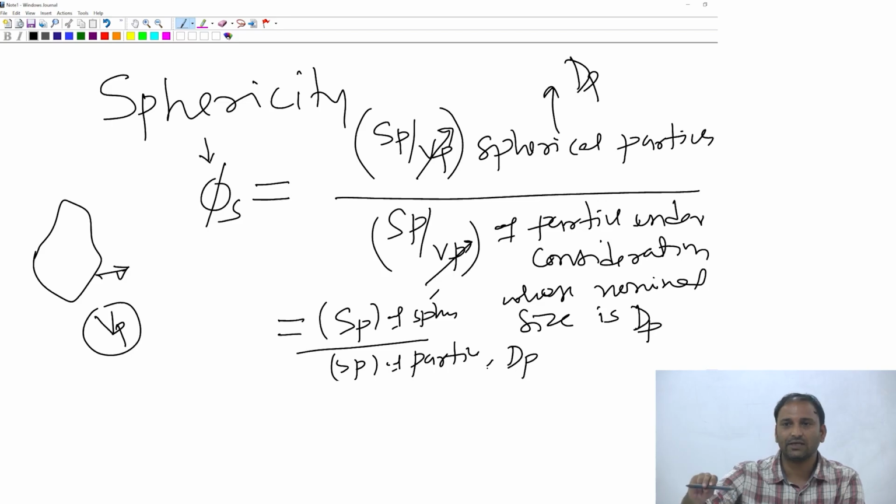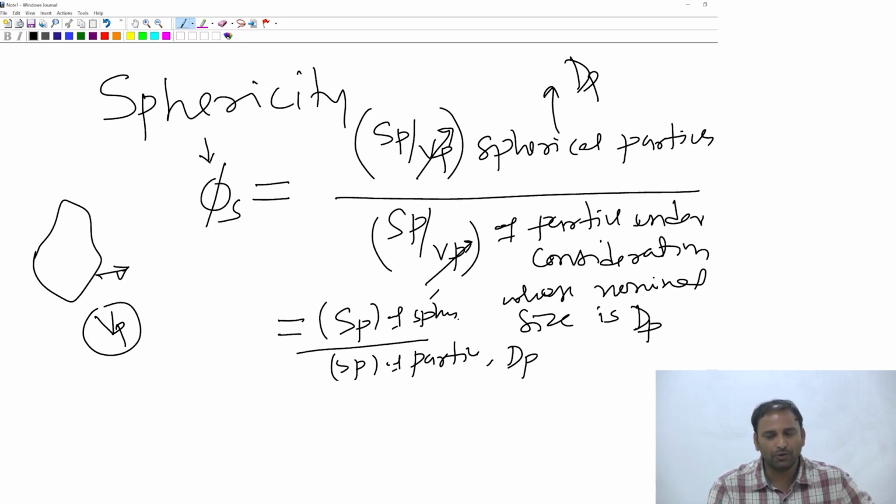So you can either express it as Sp by Vp of a spherical particle divided by Sp by Vp of a particle of whatever arbitrary shape you are considering, as long as the nominal diameter is the same as the sphere, or you can express it in terms of the surface areas itself.